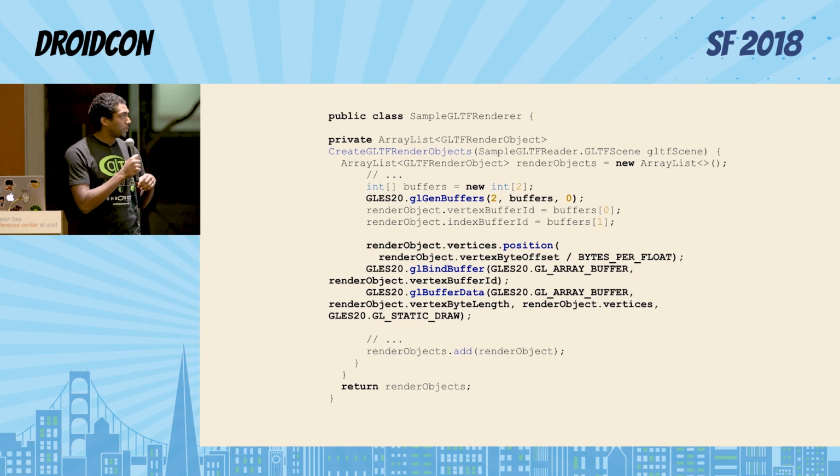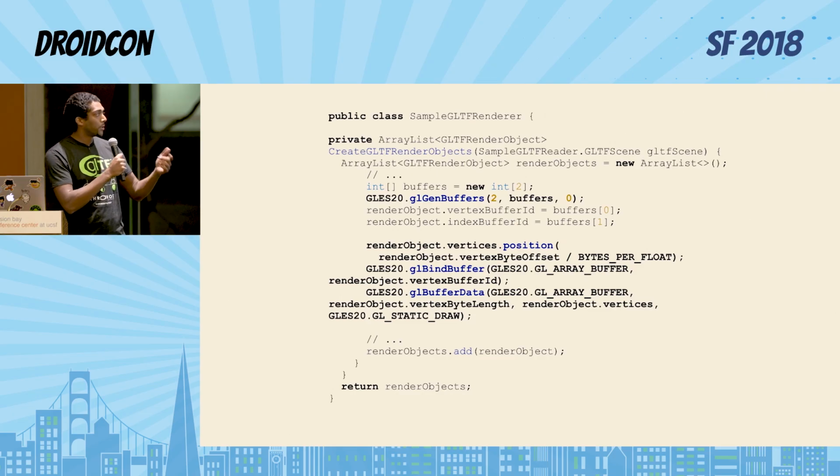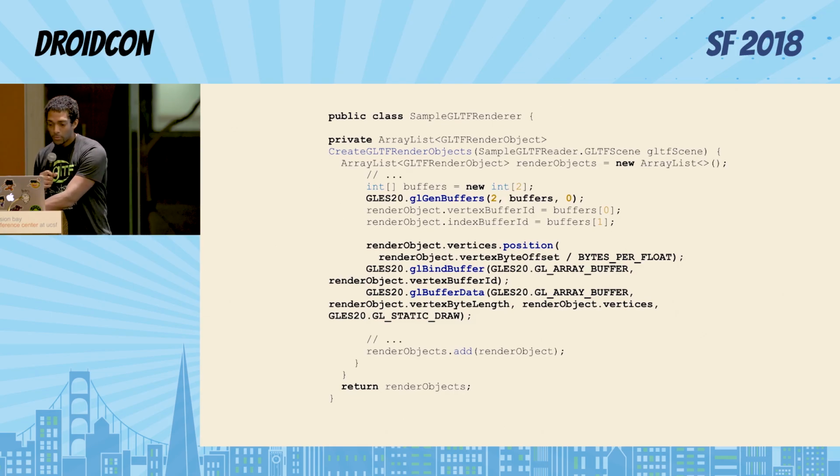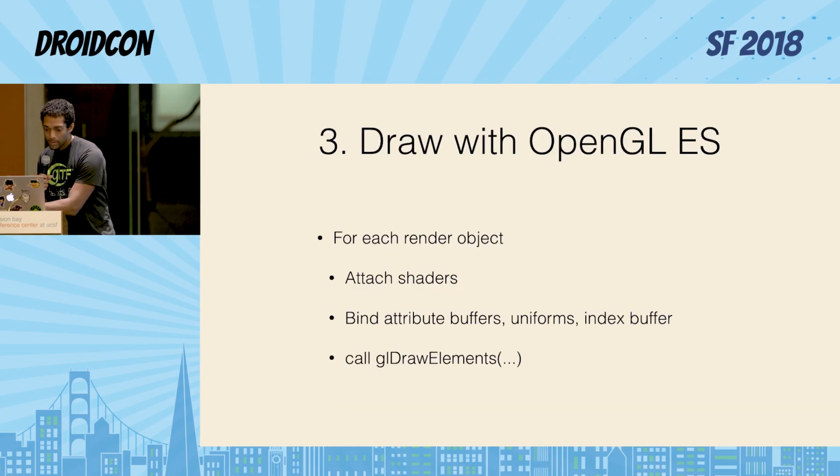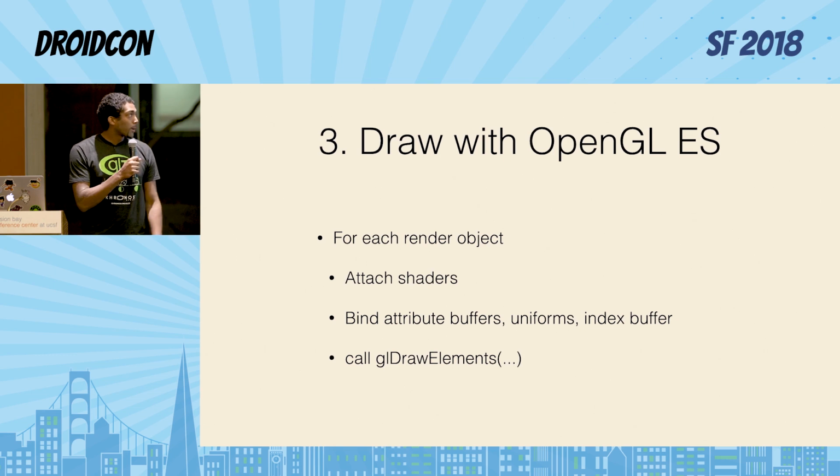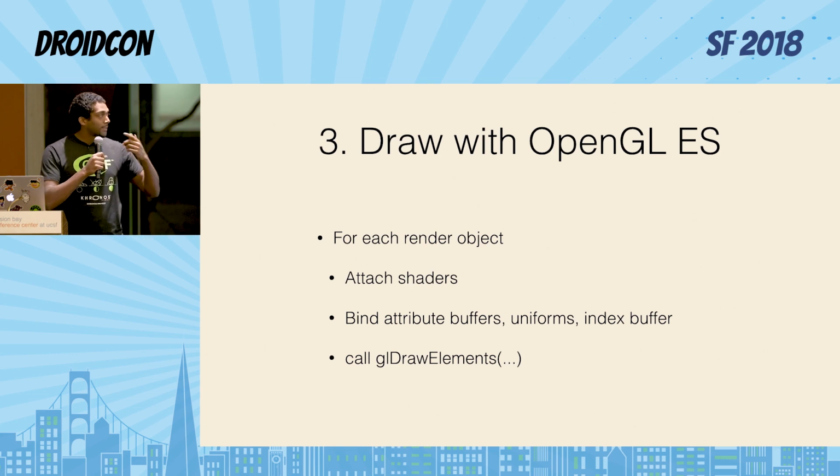And then we're going to do a glBindBuffer, because OpenGLES is state-based, so we need to bind a single buffer. And then we're going to say that we're going to upload the data. That's what the glBufferData call does. So now that we've uploaded that vertex data, just pointing to that float buffer, we can get ready to draw. Drawing with OpenGLES is going to happen every frame because generally you're going to have animation and stuff that changes every frame.